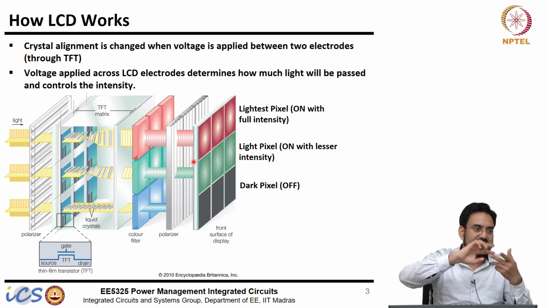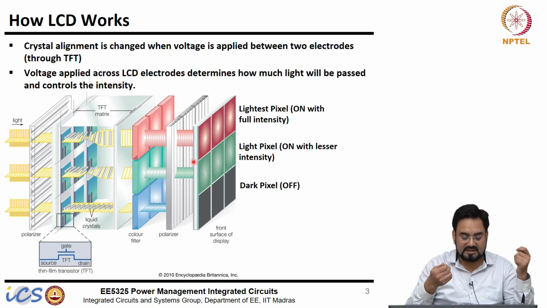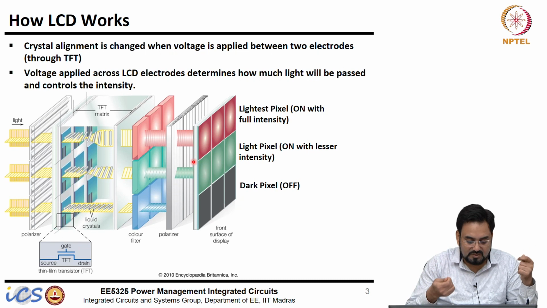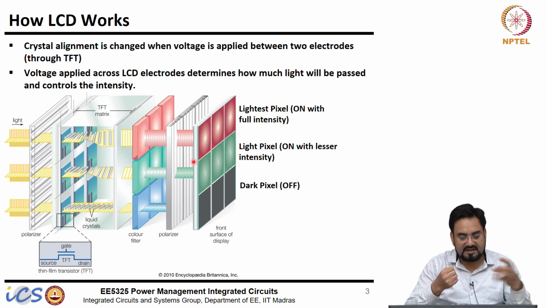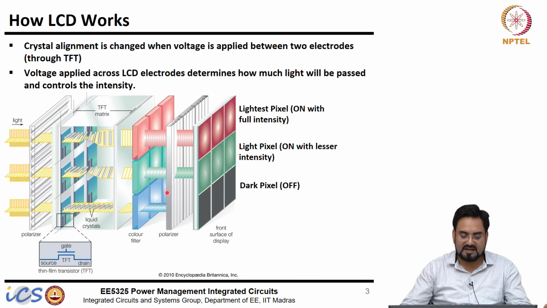So 0 degree to 90 degree, how much orientation these liquid crystals have will depend upon how much voltage you apply. So that will determine how much light you are going to pass, and once you have that in different intensities, now you can have a color filter.